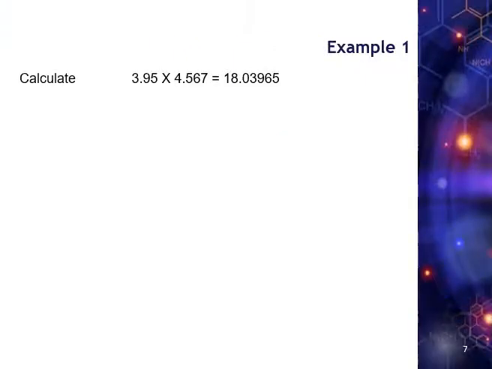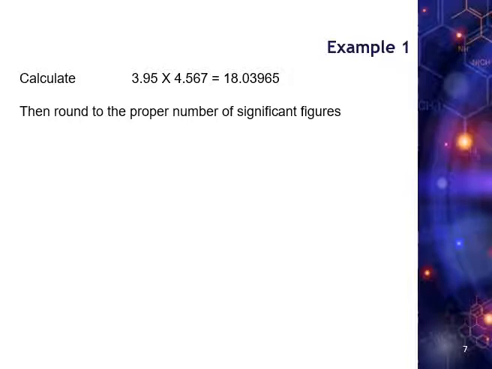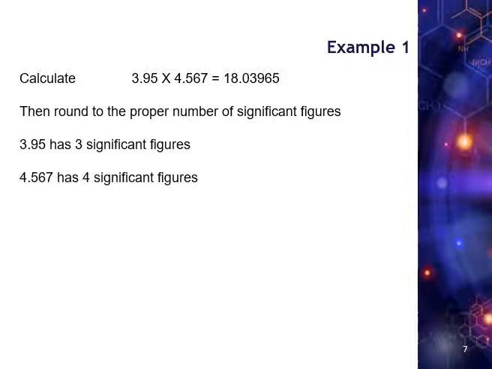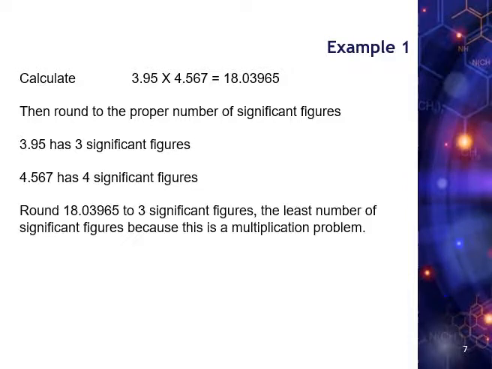Example 1. Calculate 3.95 times 4.567. The calculator gives you 18.03965. Round to the proper number of significant digits. 3.95 has 3 significant figures. 4.567 has 4 significant figures.